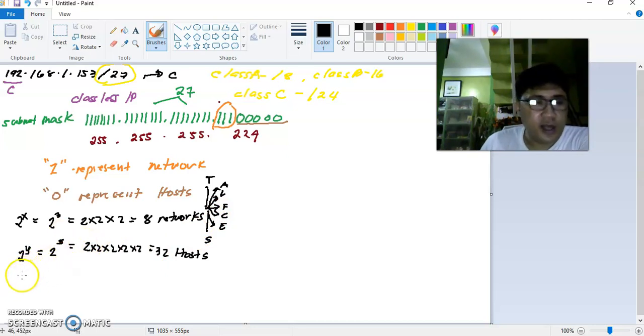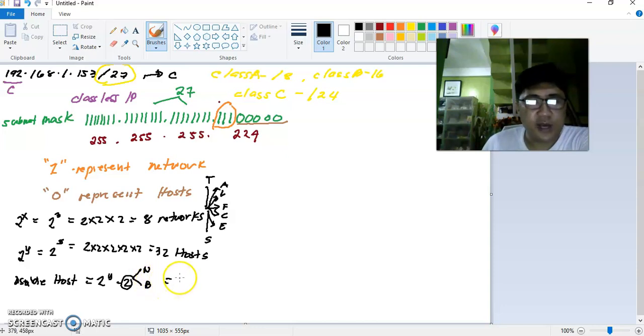But there are only usable hosts, usable IPs for your hosts. So the formula is 2 raised to the power y, but you need to deduct 2. The 2 represents your network address and your broadcast address.